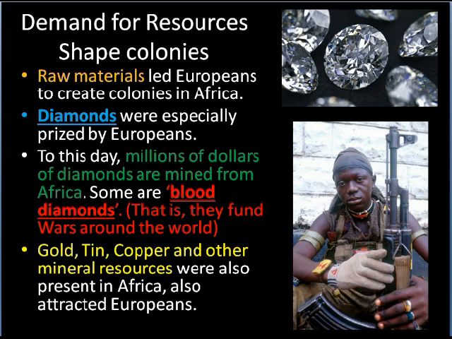You can see a picture here below the diamonds of a child soldier in Africa. This is a very unfortunately common thing that occurs in Africa. People are disfigured for disobeying governments that want them to mine these things and sell them for the funding of wars.